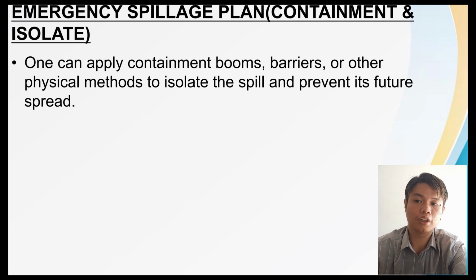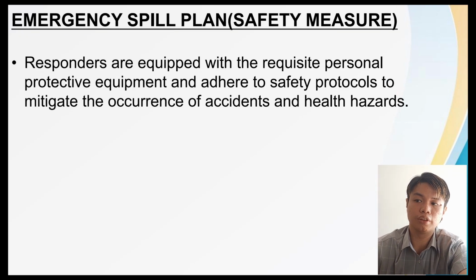One can apply containment booms, barriers, or other physical methods to isolate the spill and prevent its spread. And lastly, safety measures. Responders are equipped with the requisite personal protective equipment and adhere to safety protocols to mitigate the occurrence of accidents and health hazards.